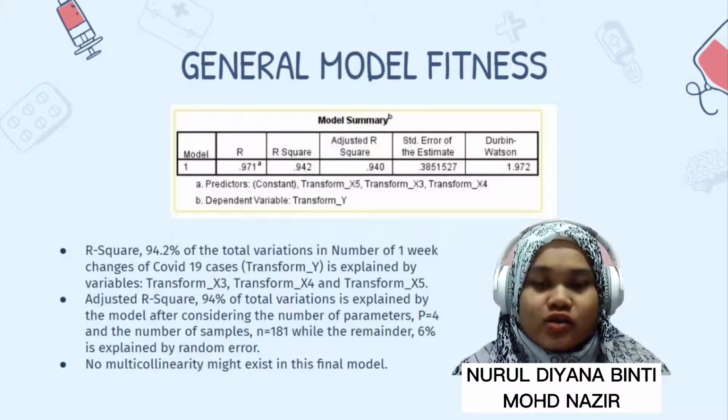Meanwhile, the adjusted R-square is 94%: of total variation is explained by the model after considering the number of parameters p equals 4 and the number of samples n equals 181, while the remainder 6% is explained by random error. Lastly, no multicollinearity might exist in this final model because we can see the value of the standard error of estimate is too small.